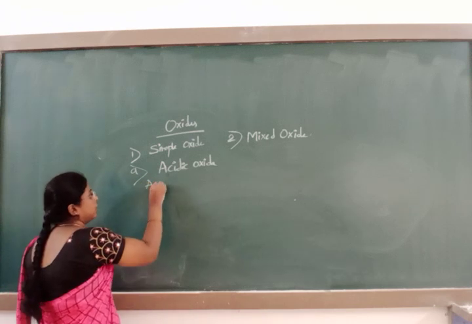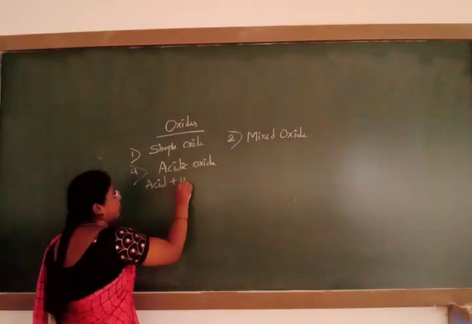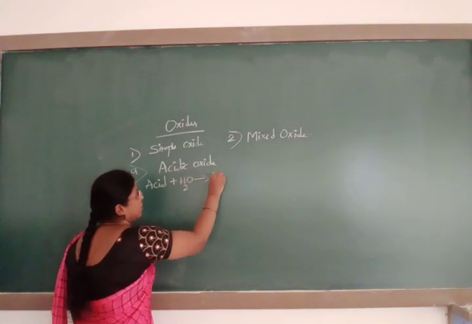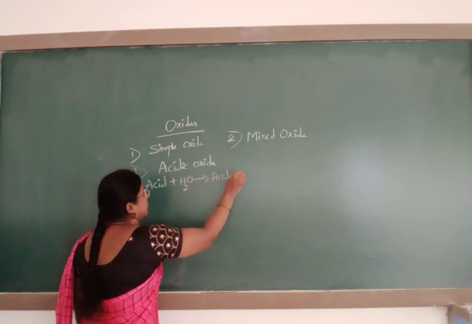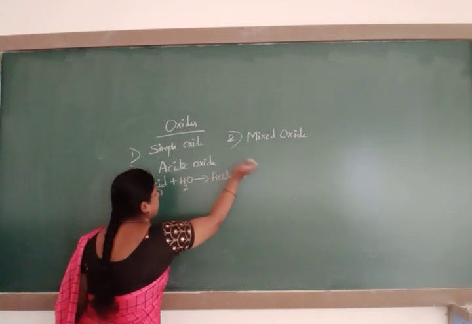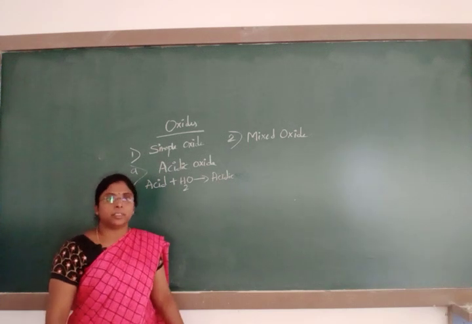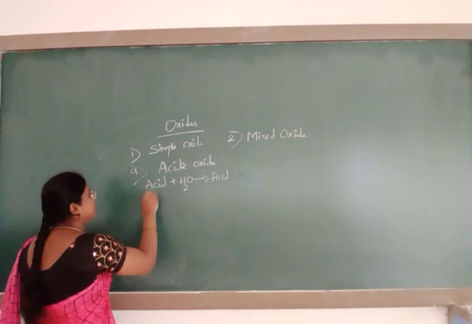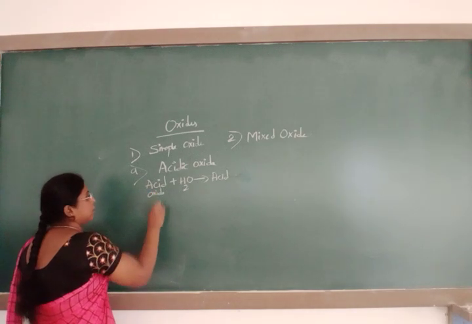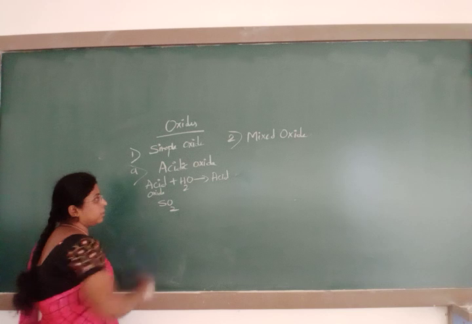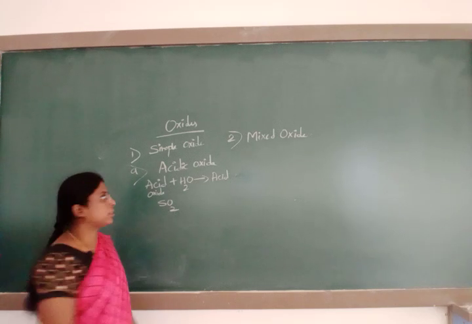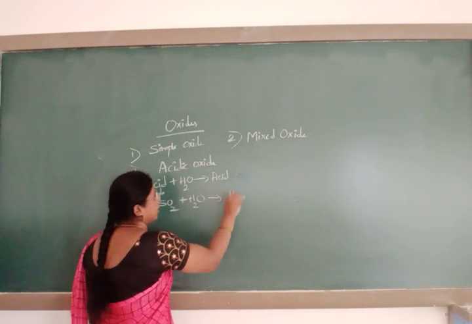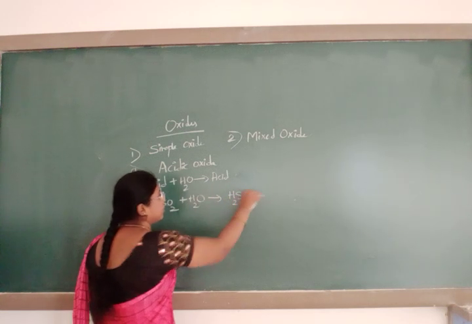An example is sulfur dioxide. It is an acidic oxide. When it reacts with water, it forms H2SO3.